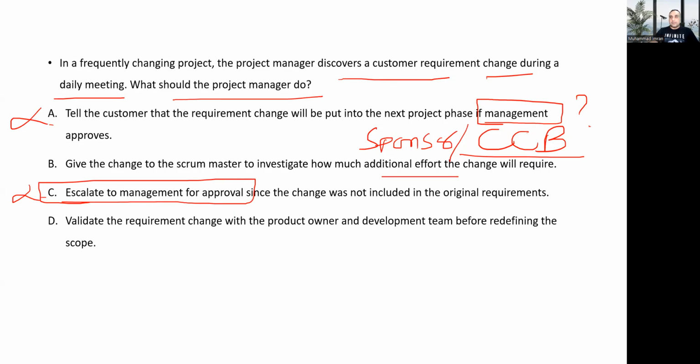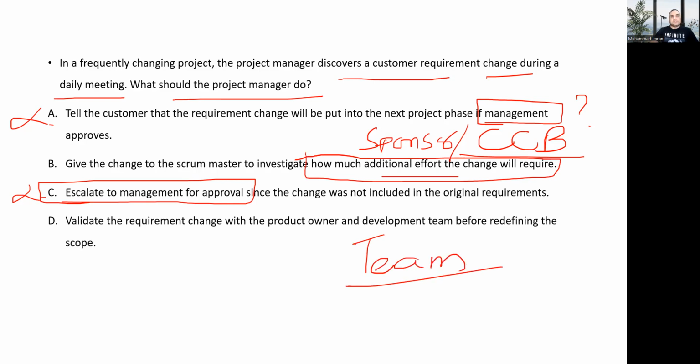Exactly. All of those who have answered, your answers are correct. Who will perform this work? How much additional effort will the change require? Who will do this task? Whose responsibility is it? The team decides the work by themselves. The team estimates the work by themselves.